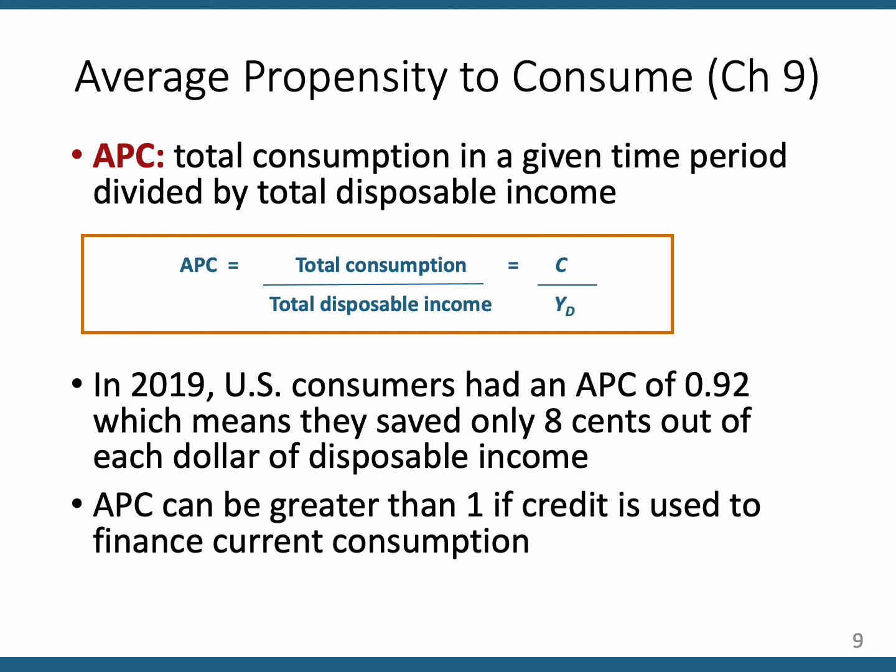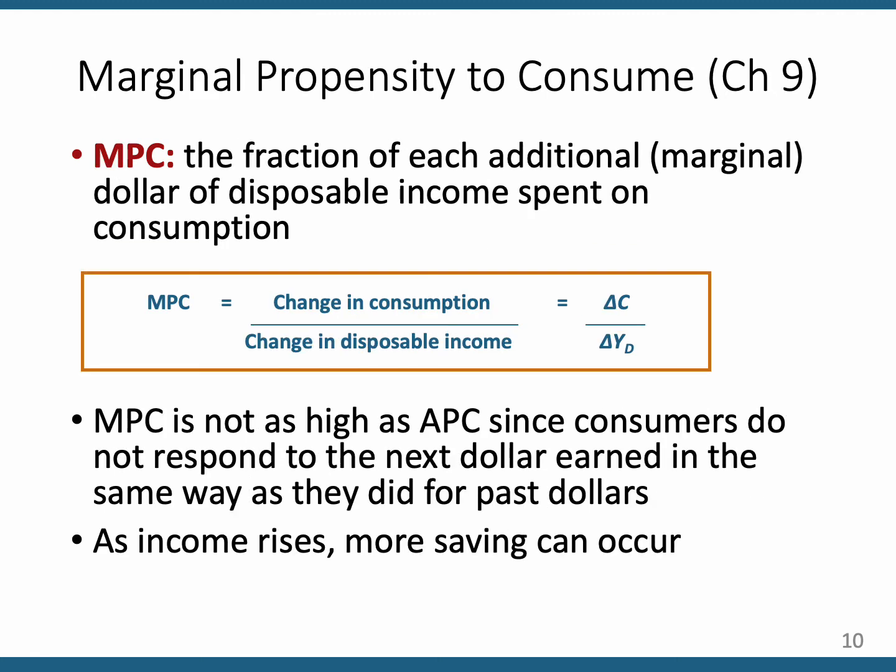Now, as it turns out, for our purposes in discussing fiscal policy, average propensity to consume is not all that important. What's more important is marginal propensity to consume. This is the percentage of marginal income that people spend, and the remainder gets saved.